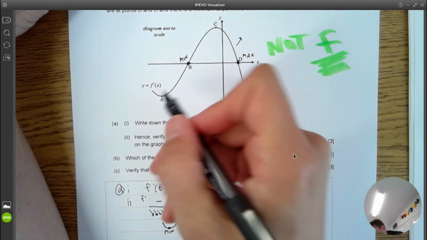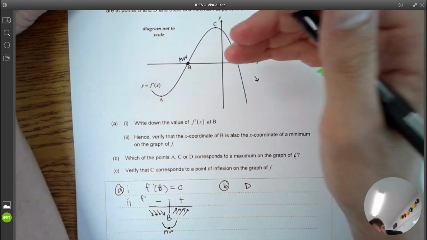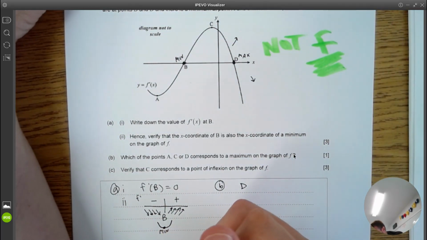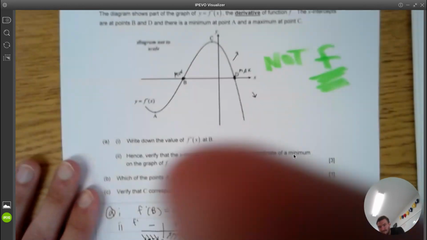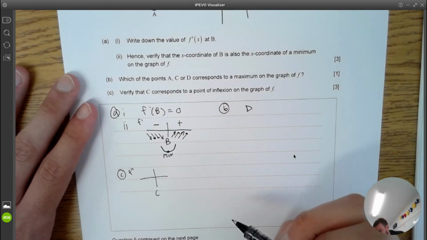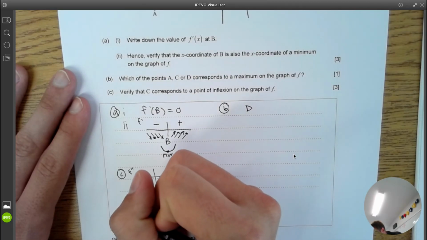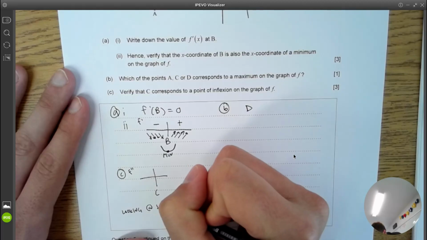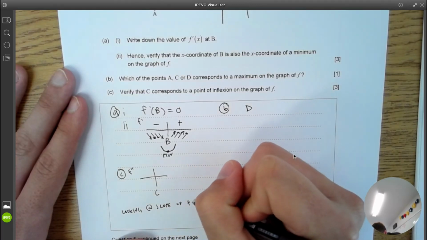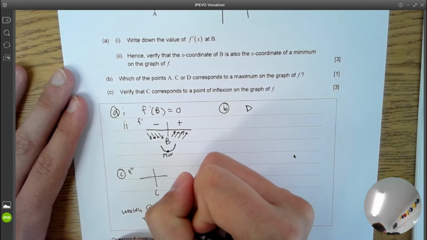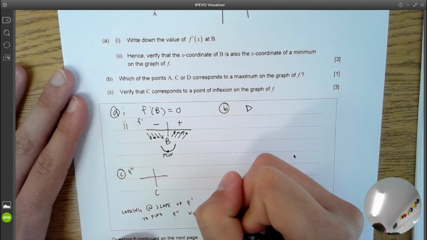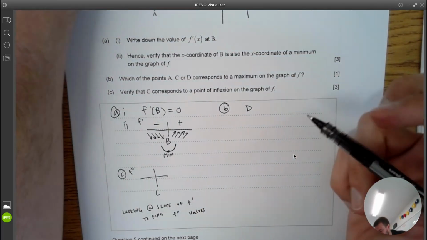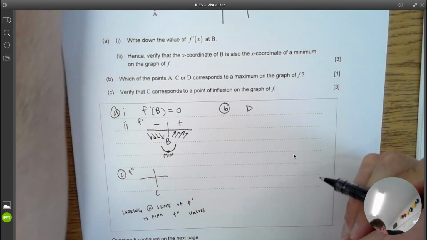Because I want to elevate from this first derivative up to the second derivative, so I'm going to be looking at my slope. Maybe if I had a lot of time on the test, I might even write something like, looking at slope of f prime to find f double prime values, something like that, right? If I really wanted to make sure that I'm getting these little 3 marks here.